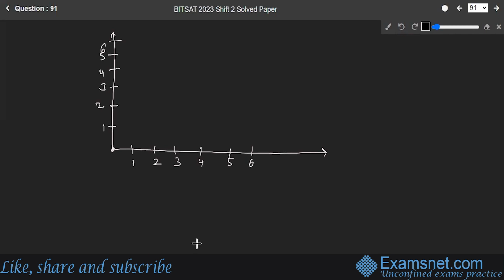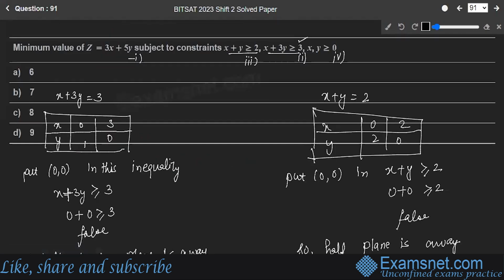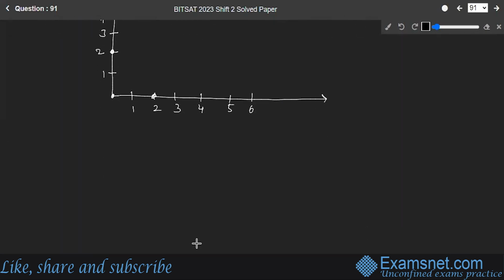This is your origin. For the line x plus y is equal to 2, if I'm putting x is equal to 0, y was 2, and the other point is x equal to 2. Let's join these two points.